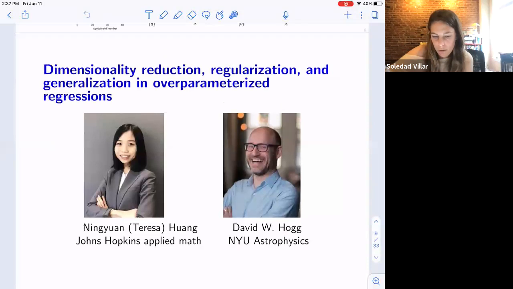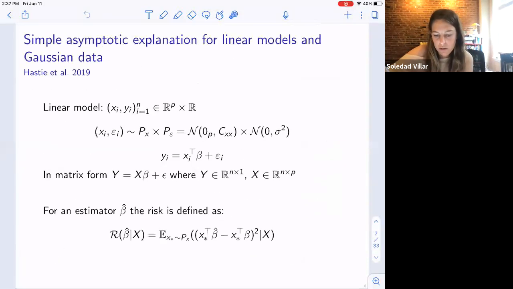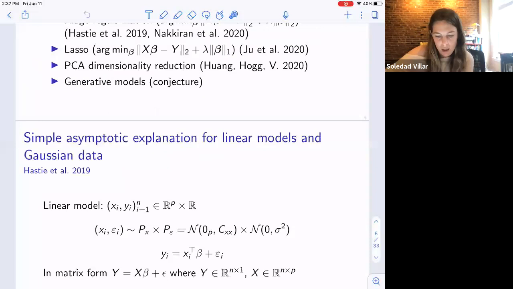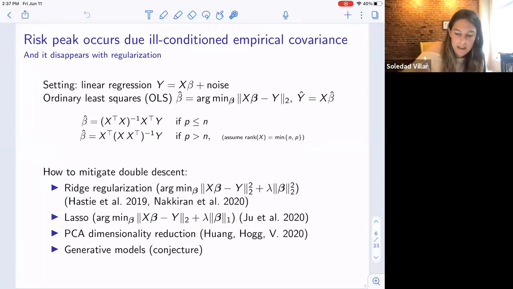Well, this is for the case where N is smaller than p. But when p is greater than N, then you compute your estimator in this form.